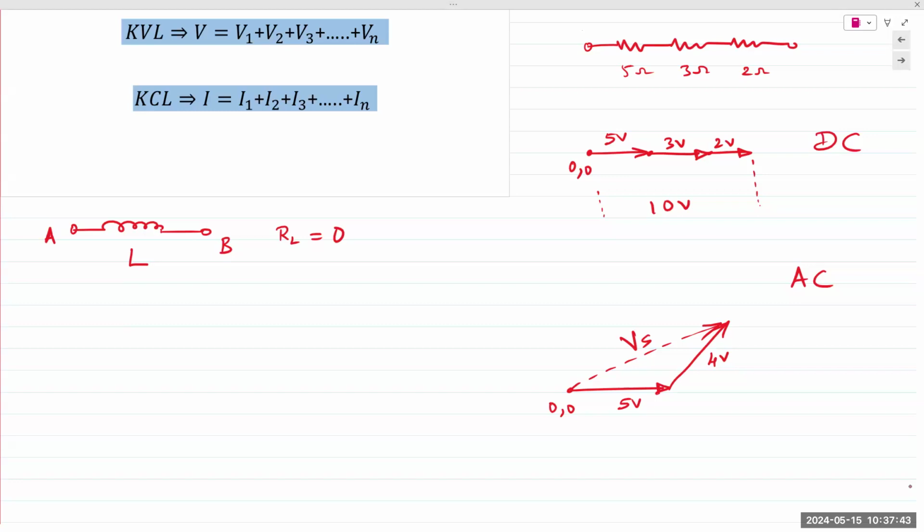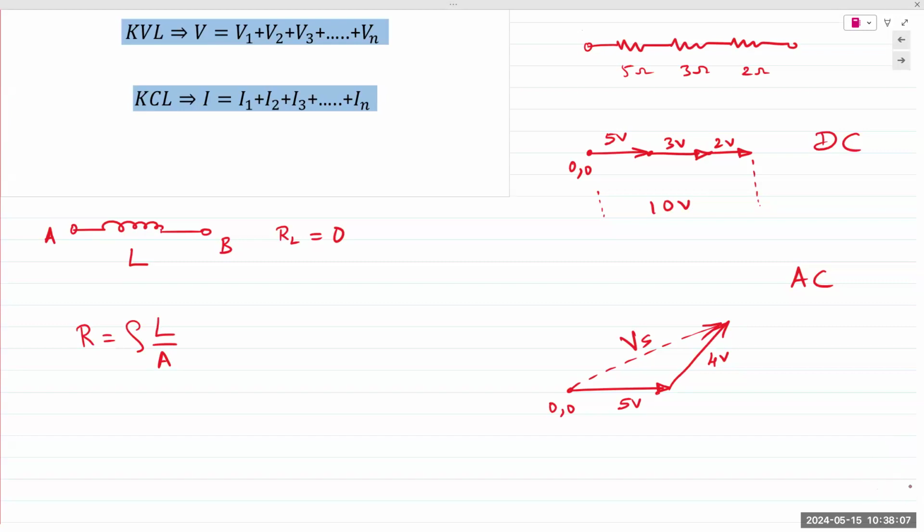Going back to the calculation of resistance, it is given by rho L over A. Rho, the Greek letter, is the resistivity of the material. It is a material property.